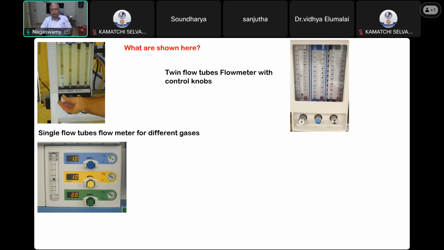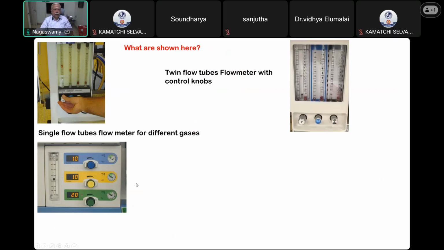What are all the flows? High flow, medium flow, low flow, minimal flow, metabolic flow. So gradually you have to reduce from 2 liters to 1 liter, 1 liter to 500, 500 to even 250 for oxygen, which is the basic minimum. For that you have to have very accurate flow meters. That is the reason why nowadays the machines are coming with twin flow tube flow meters.